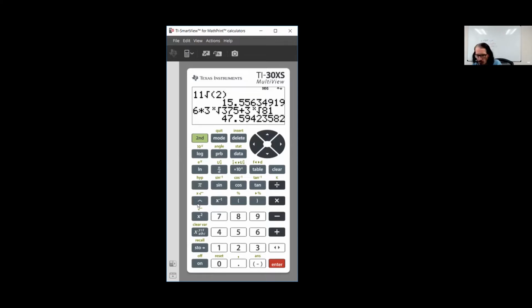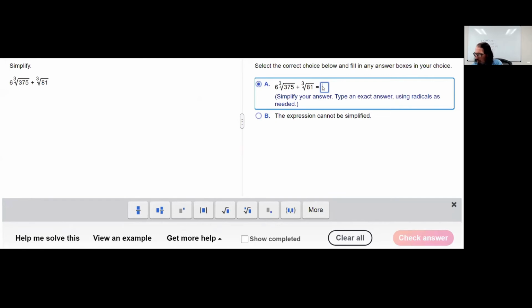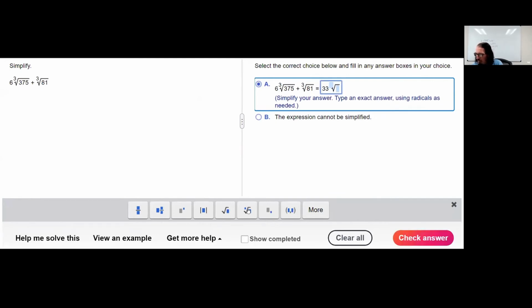I want to compare that to the decimal approximation for 33 times the cube root of 3. Oh, I forgot to type the index. 33 cube root of 3. And it's looking the same. Not only are they coming out the same, but also I know I've simplified it the most that I can, because 3 is not a perfect cube, and the only perfect cube that goes into it is 1.